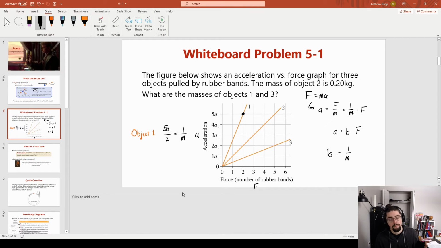I don't know. What we have to do here is we have to actually go to the only other object that we actually know. Object 2 is going to be essentially our calibrator for this graph. That's going to relate these values together. So I look at these things and I look at path 2, and my slope for object 2, this one in black, our slope for object 2 is essentially 1 rubber band, or 1 A1 per rubber band.